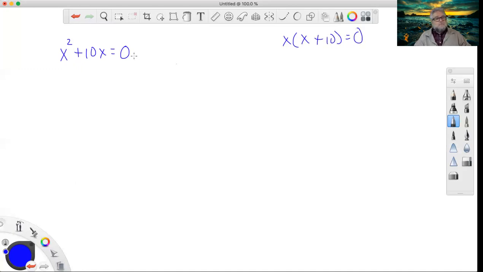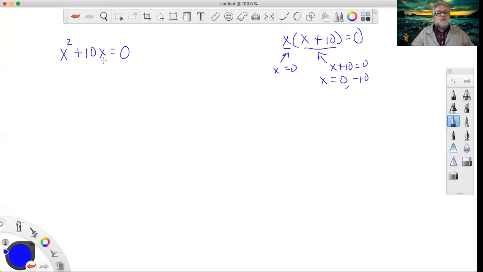If I multiply these two, I get x squared, and those two, I get 10x. So this one factor, x, is equal to 0 in order to make everything 0, or this factor, x plus 10 equals 0. So our solutions would be x equals 0 and negative 10. So that's what I anticipate we're going to get over here.